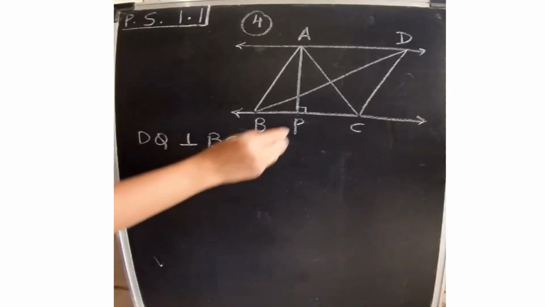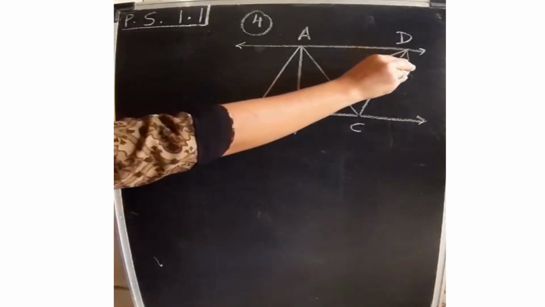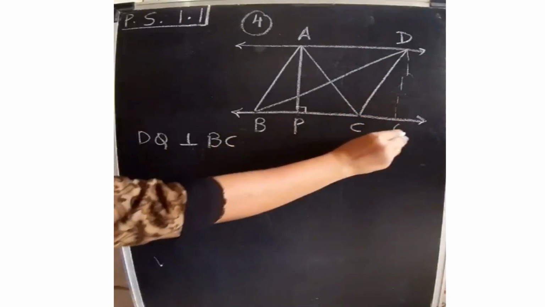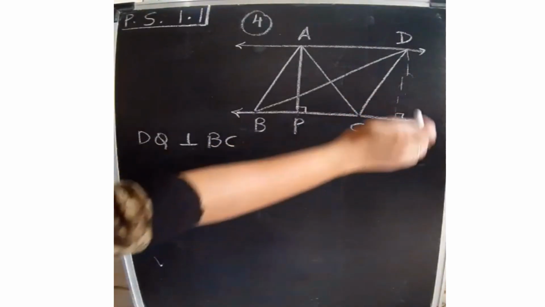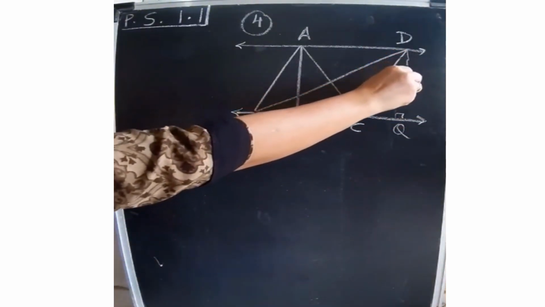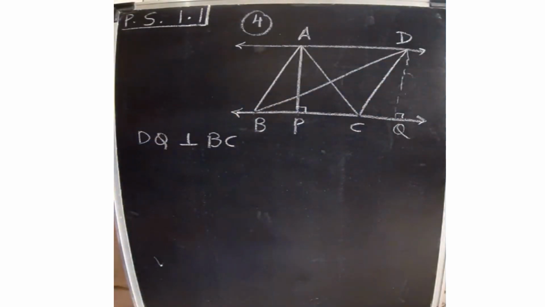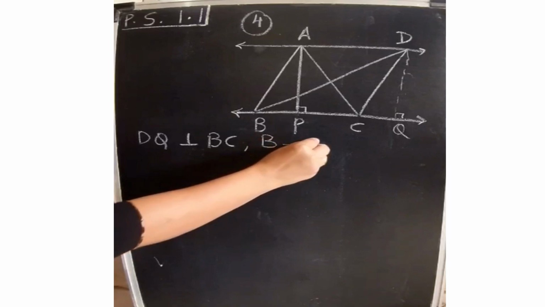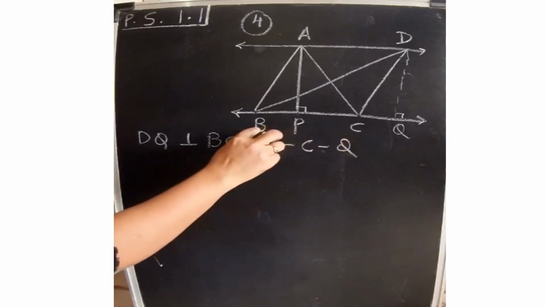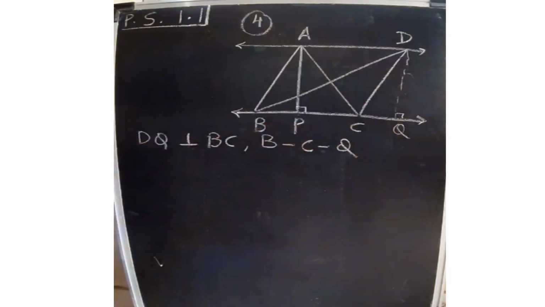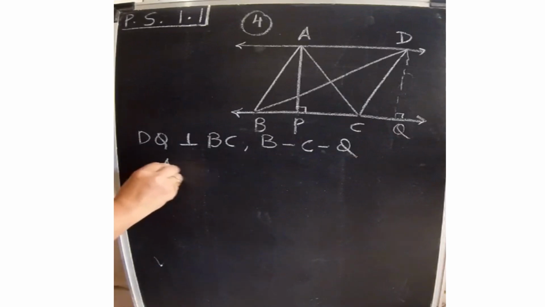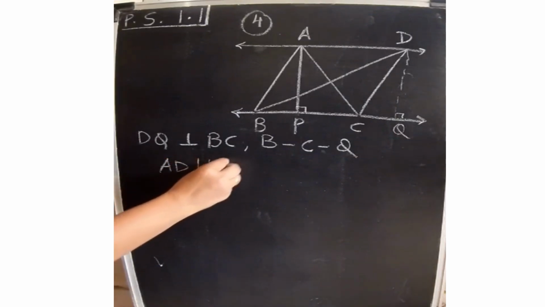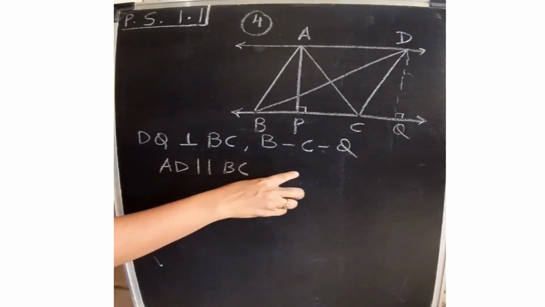First of all, we will draw DQ, which is perpendicular to side BC, such that B-C-Q. AD is parallel to BC, which is given.